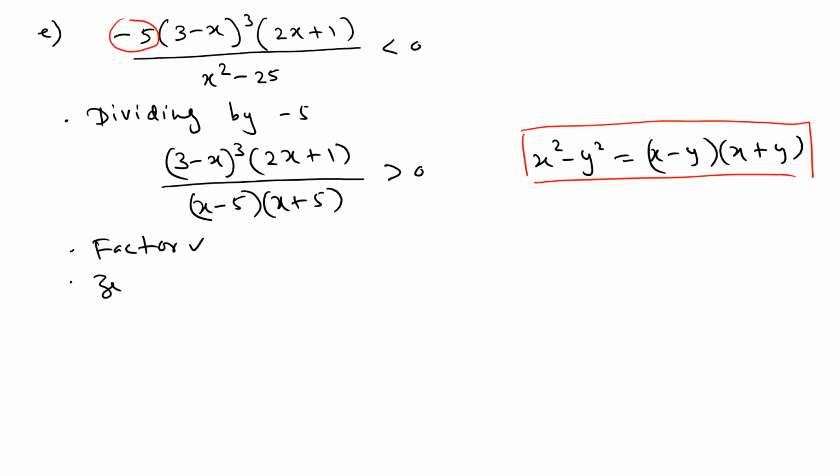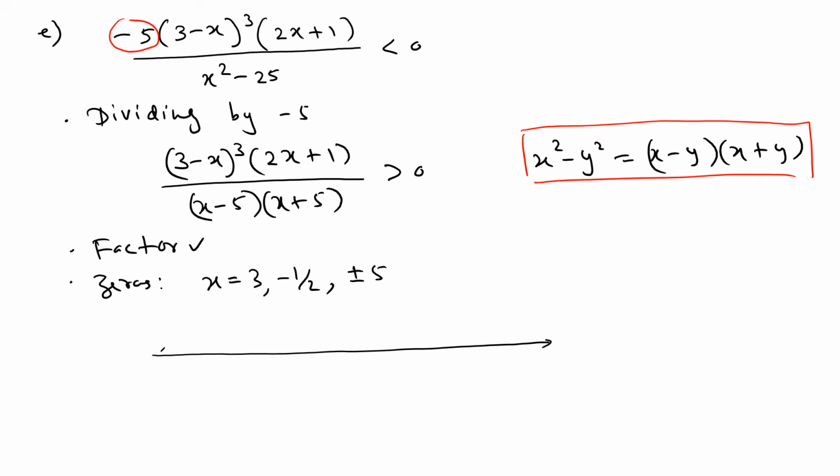So we go with the zeros. We have 3 from the numerator and negative 1/2 from the numerator, and then plus or minus 5 from the denominator. We put all those 4 numbers on the number line from smaller to larger: negative 5, that's the smallest, then negative 1/2, then 3, and then 5.